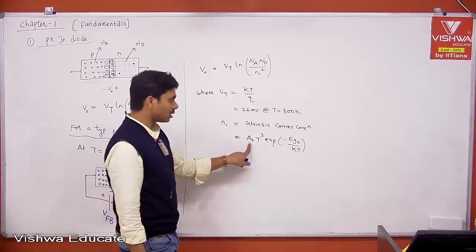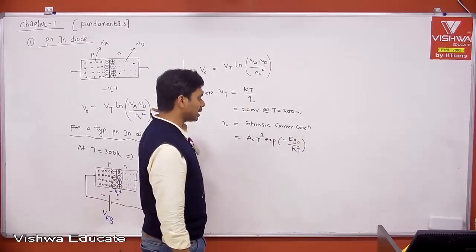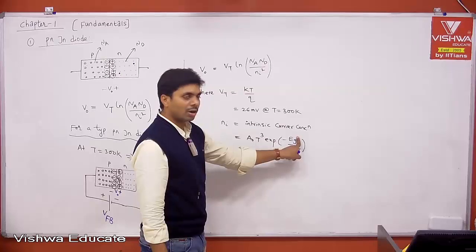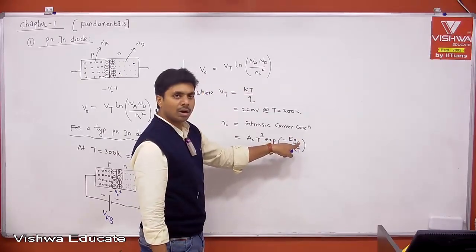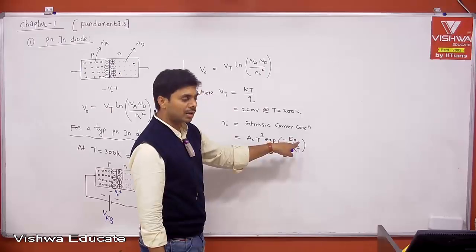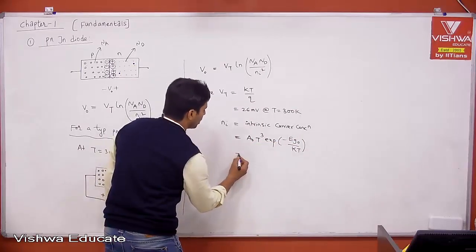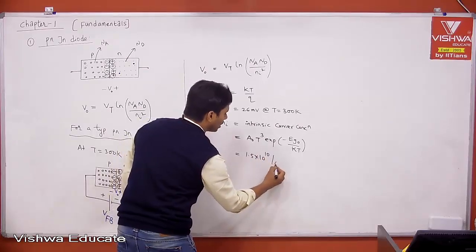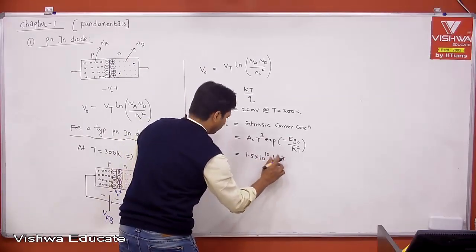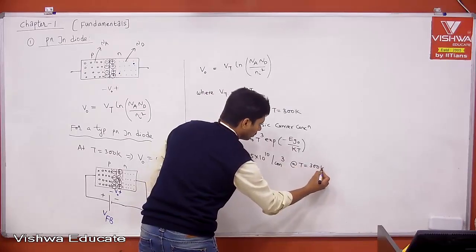A naught is a constant, T is the temperature, and Eg naught is the energy gap of the material. For silicon, Eg naught is 1.21 electron volt, because Eg naught means the energy gap of the semiconductor at 0 Kelvin. At room temperature, 300 Kelvin, this value is 1.5 into 10 to the power of 10 per centimeter cube.